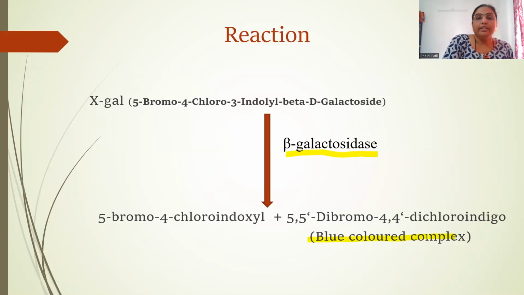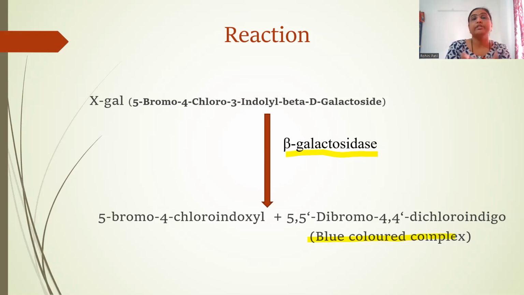Okay, so whenever there is alpha complementation, at that time there will be functional beta-galactosidase. Means when there is a self-ligated vector, it is going to synthesize the functional alpha peptide, and that alpha peptide can complement with the omega peptide, which has been encoded by the host, and then it is going to form the functional beta-galactosidase.